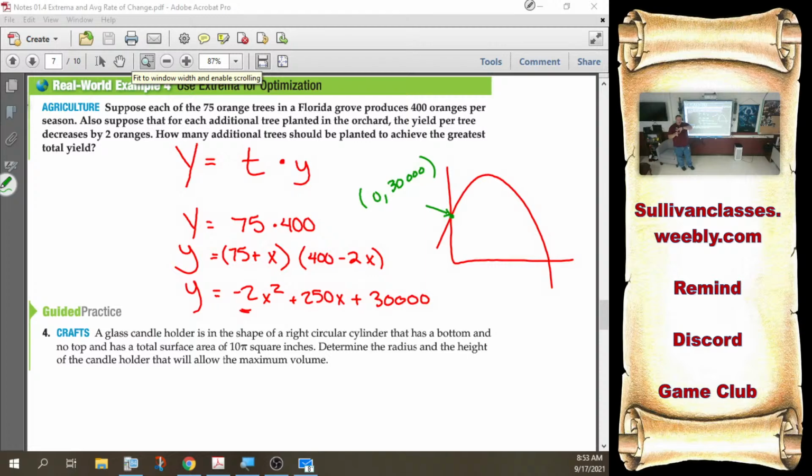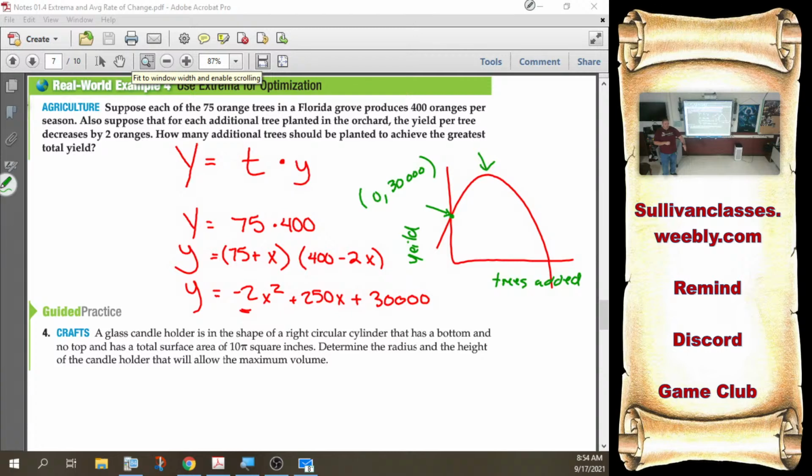And from there, I'm going to add trees, and my yield is going to go up. At a certain point, I'm at break even. Like at that point, if I add any more trees, I'm just going to make it worse.